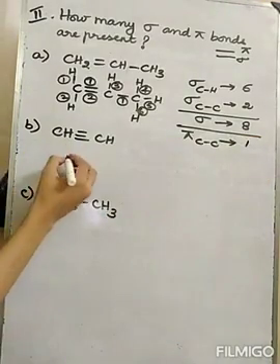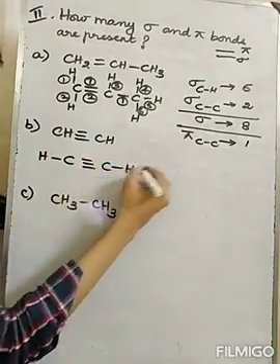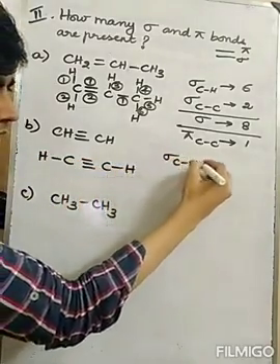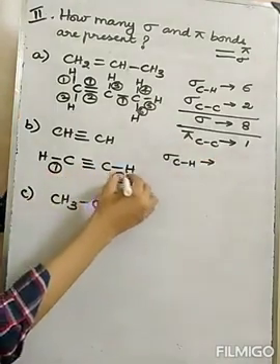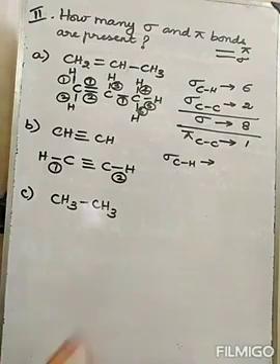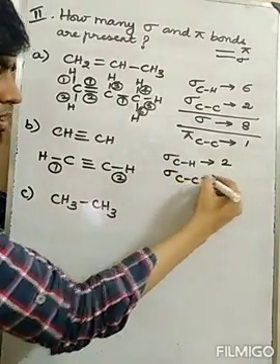Okay. Now here CH triple bond CH. So how many carbon hydrogen sigma bonds? Here one carbon hydrogen sigma bond. Here another carbon hydrogen sigma bond. So carbon hydrogen sigma bond is 2. So how many carbon carbon sigma bond?